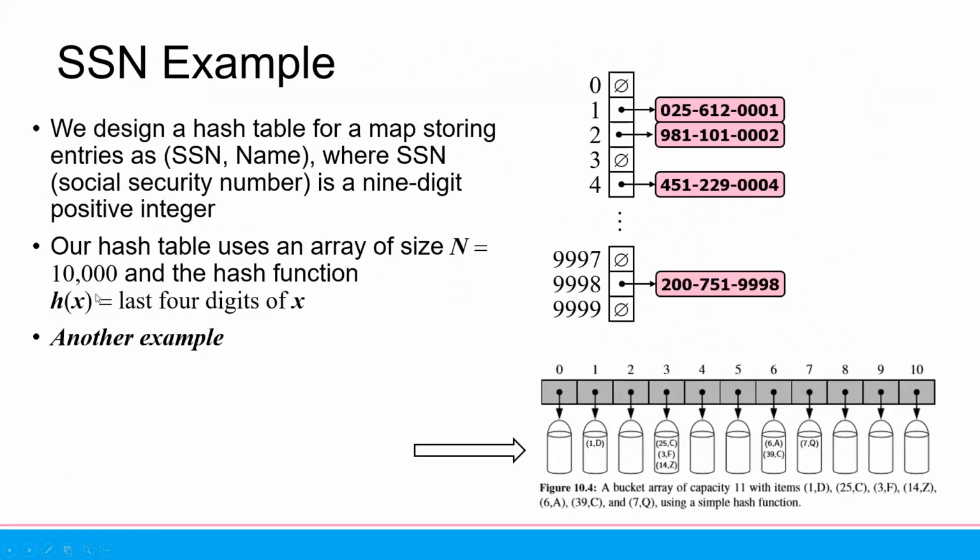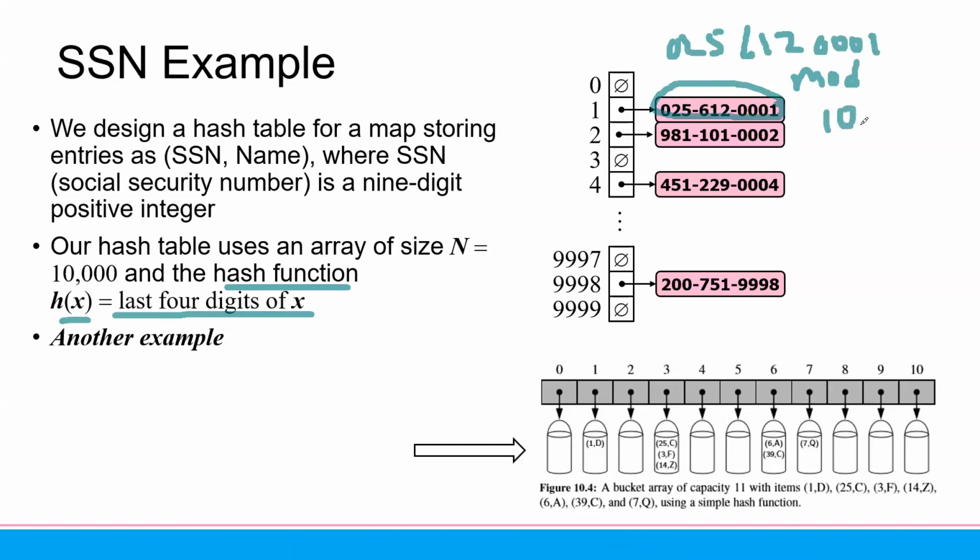So for this hash function, I want to use h(x), which is the function, to get the last 4 digits of x. So if I have this number 0, 2, 5, 6, 1, 2, 0, 0, 0, 1 modulus n, where n is 10,000, what is the result? We have 4 digits of zeros.